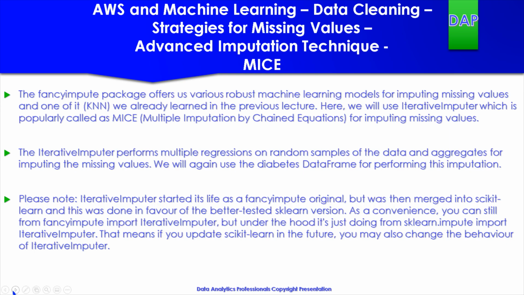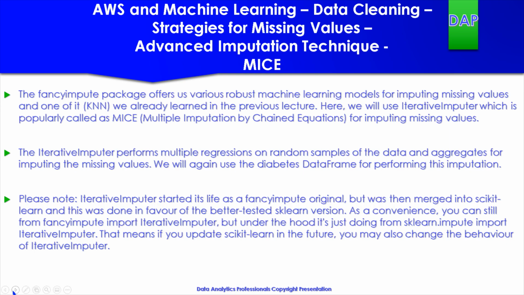Now, please note, IterativeImputer started its life in fancyimpute originally, but was then migrated into scikit-learn, and this was done in favor of a better tested sklearn version. As a convenience, you can still use it from fancyimpute and import your IterativeImputer, but under the hood it's just doing the same and fetching everything from sklearn.impute.